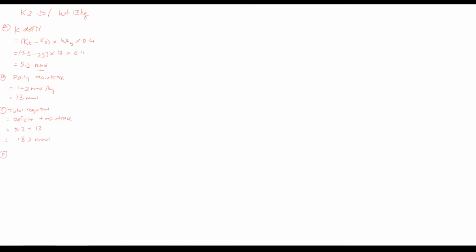Next step, we'll be changing the unit of millimoles into grams. So the formula would be divide by 13.3. 18.2 divided by 13.3, we will get the value of 1.4 grams.